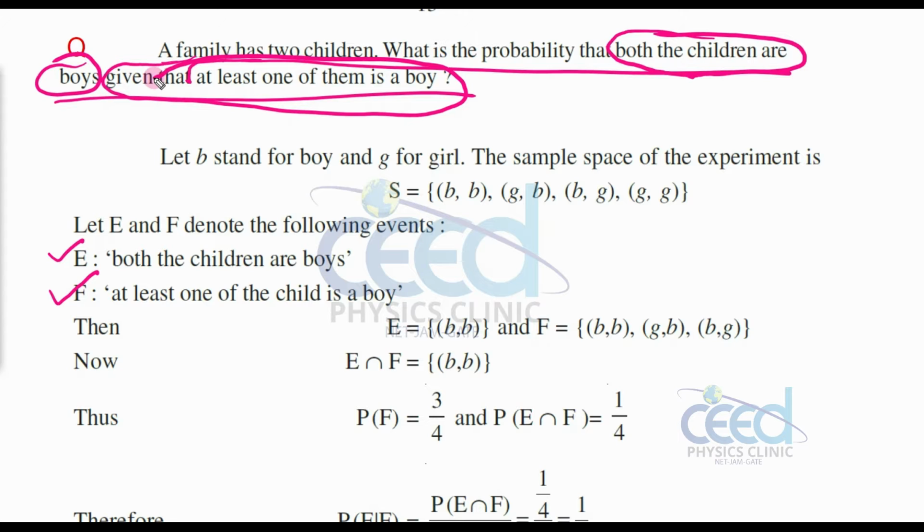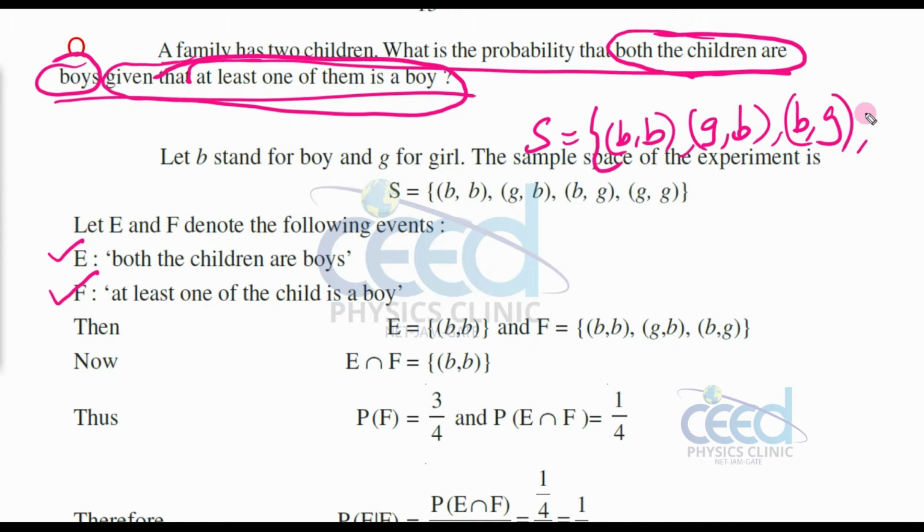So let us write the sample space first, right? We have two children. What are the different combinations? Both will be boys, and one of them a boy: first one is boy and second is girl, first one is girl and second is boy, and both of them girls.